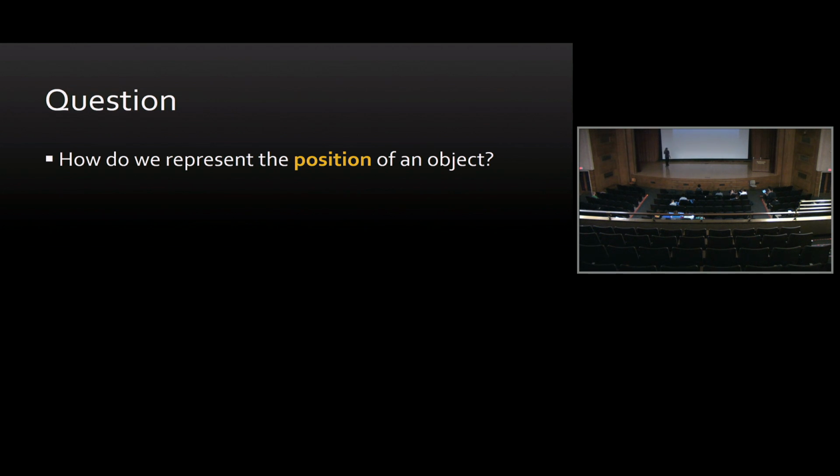let's back up and set some context. You've got an object in 3 space. How do you specify its position? X, Y, Z. Okay. Now, you made a very natural assumption in that.